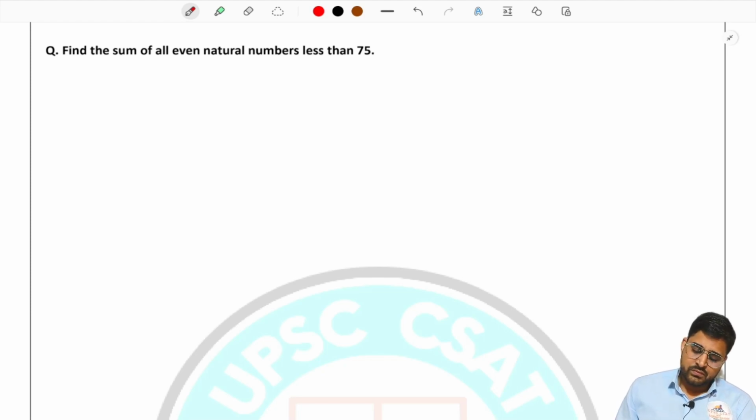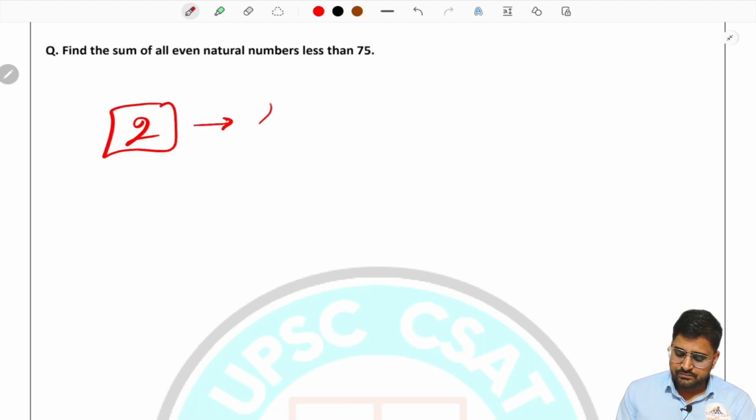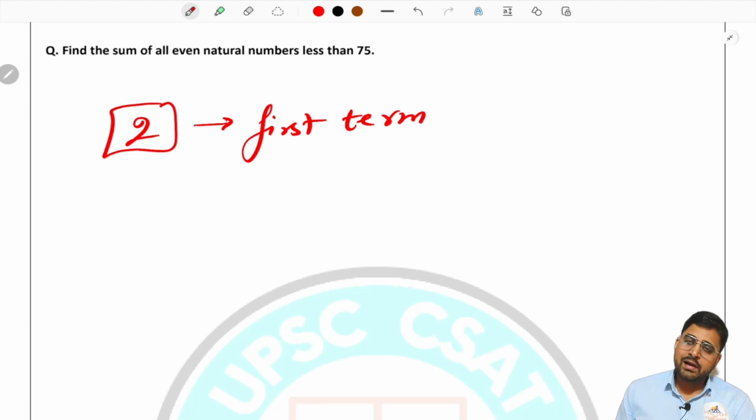Okay, so 0 is not a natural number. Good. 1 is an odd number. So by default 2 becomes the first term. It is natural and even also. And this range goes to 75 as mentioned in the question.